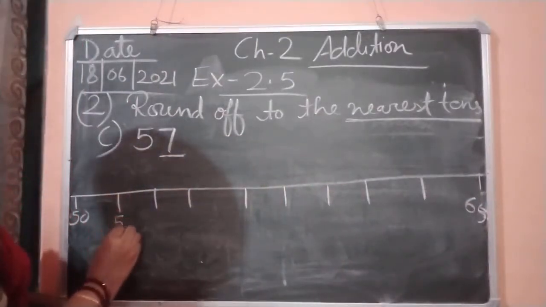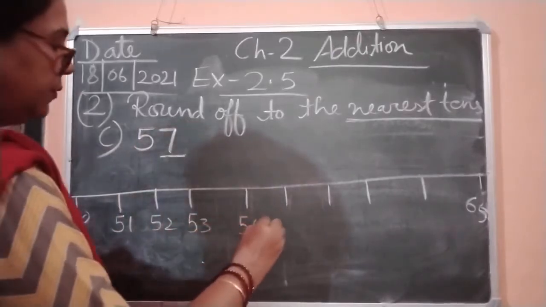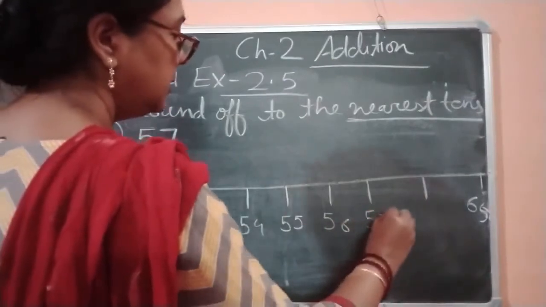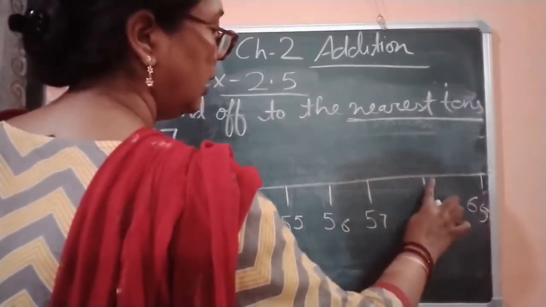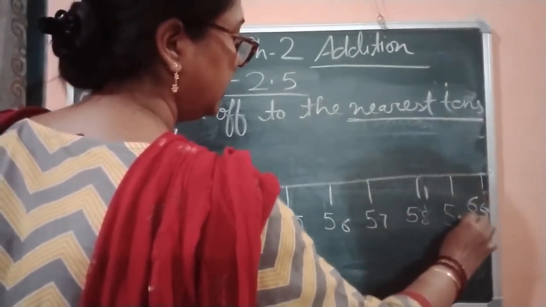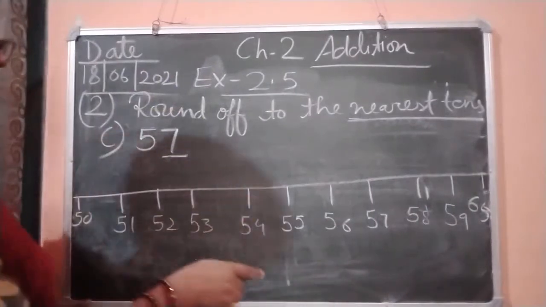So this is 51, 52, 53, 54, 55, 56, 57, 58 and this is 59 and then 60. Now here you can see this is 57.